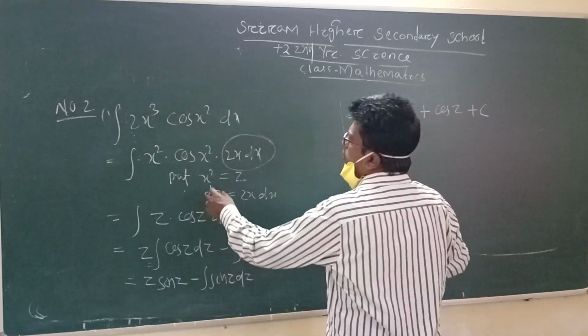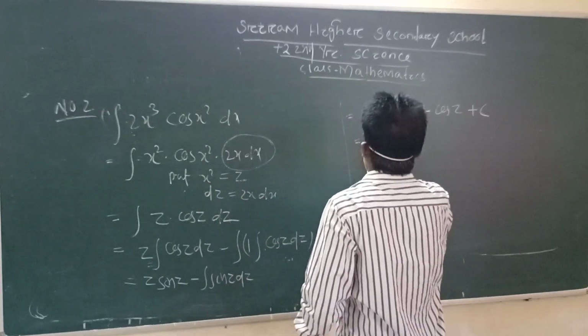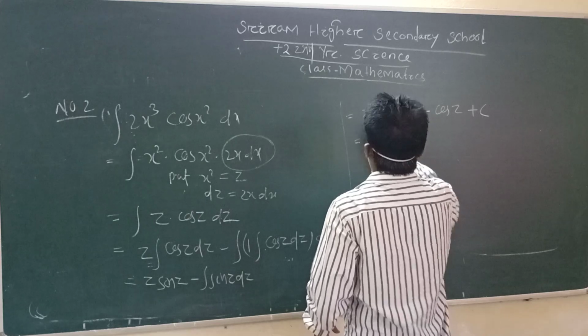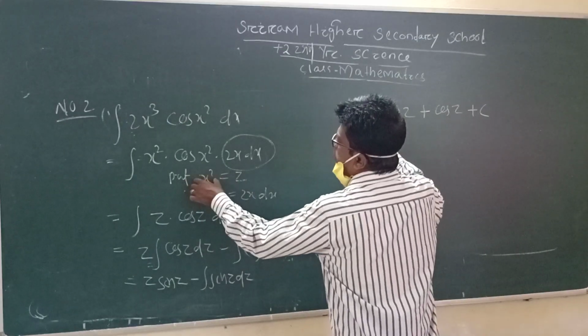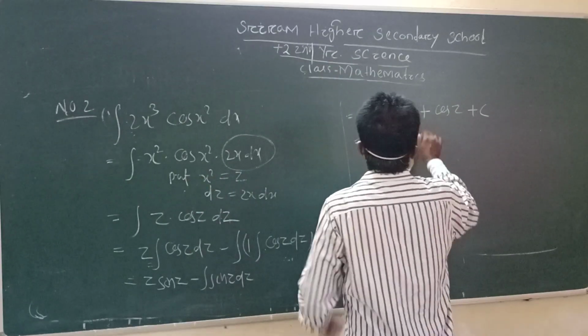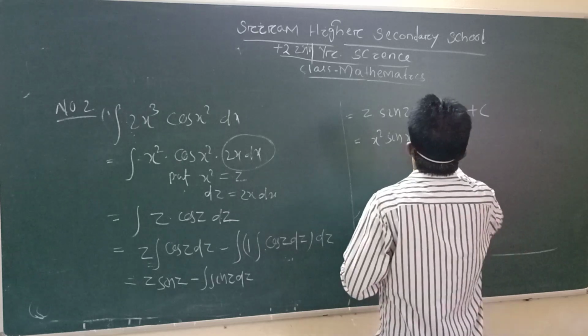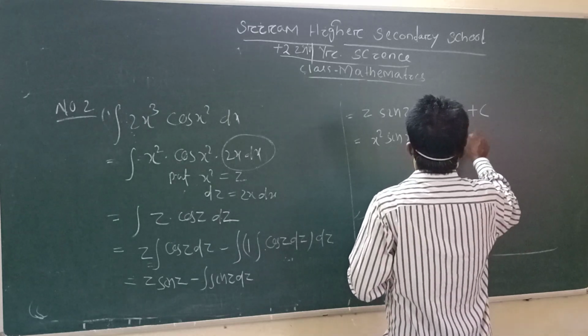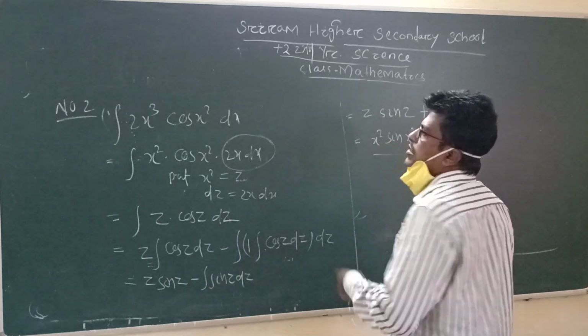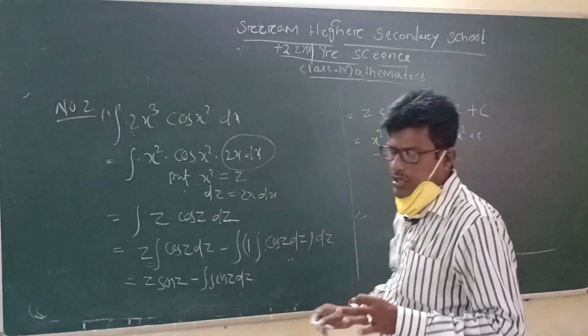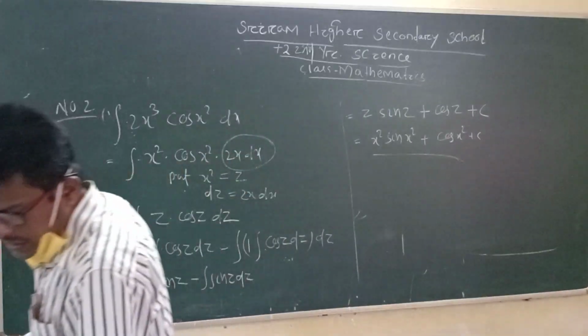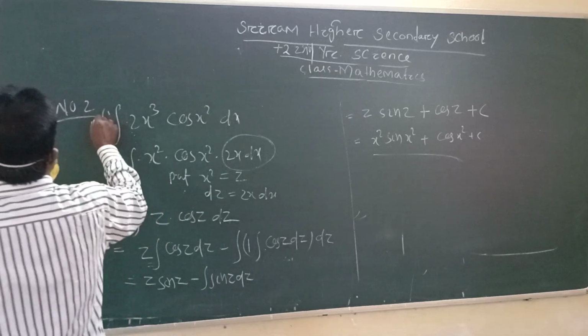Put the value of z where z is equal to x square. So instead of z you can put x square: x square sin x square plus cos of x square plus c. That is your answer. That is number 2, question IX.